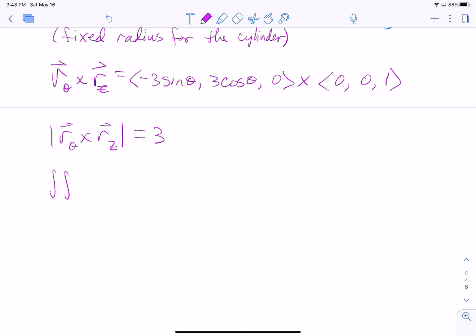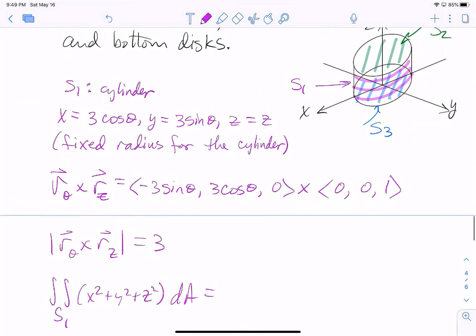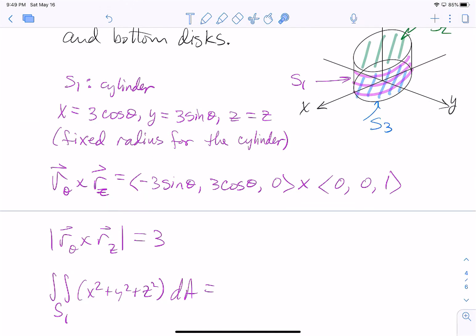So the surface integral over the surface S1 of (x squared plus y squared plus z squared) dS is equal to, for the cylinder, z goes from 0 to 2, and theta goes from 0 to 2 pi.